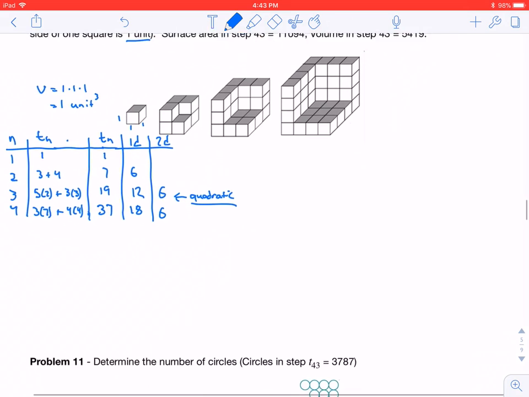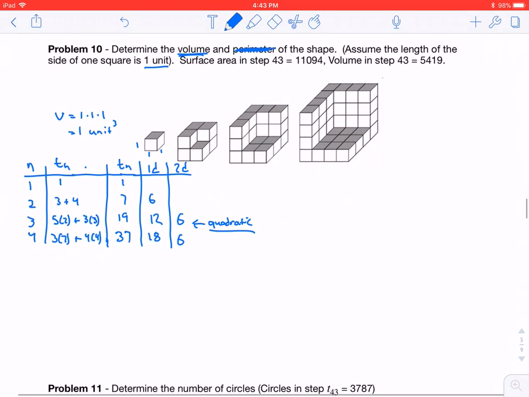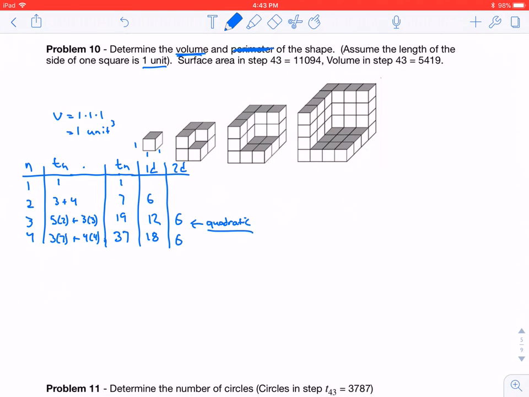And so one other way to make this table is I can look at making this table in a different fashion. And if I have n here and Tn here, this is 1, 2, 3, 4. We're at 1, 7, 19, 37. And then if I break this down, this is like 1. This is going to be 1 plus 6.